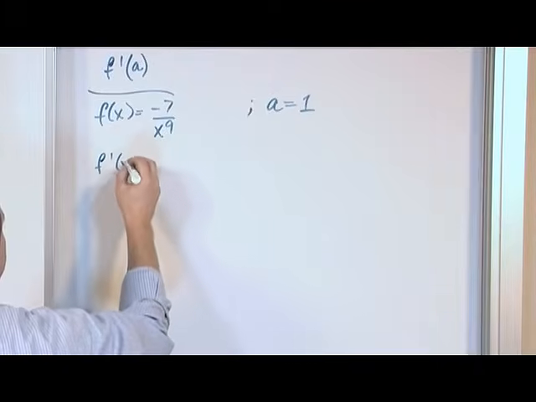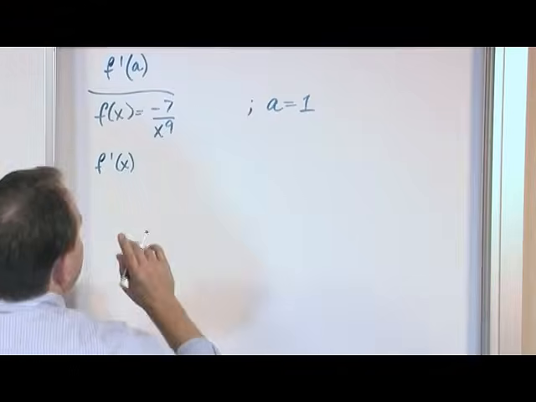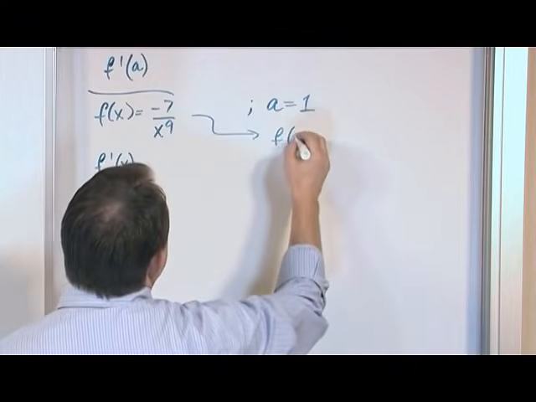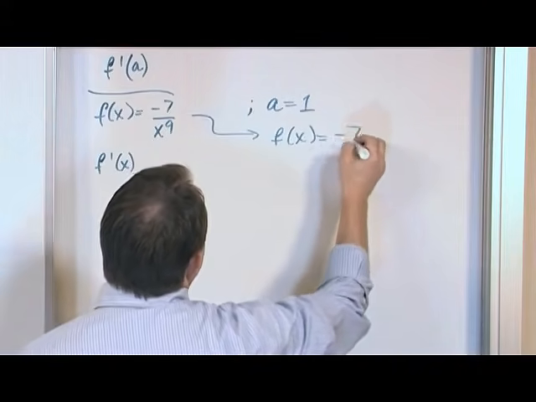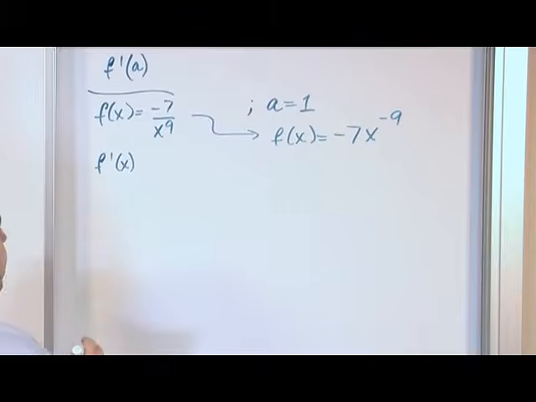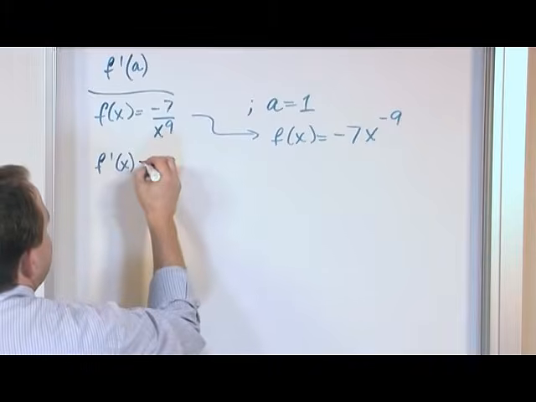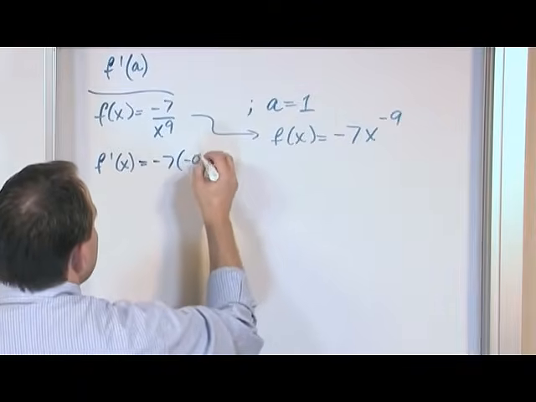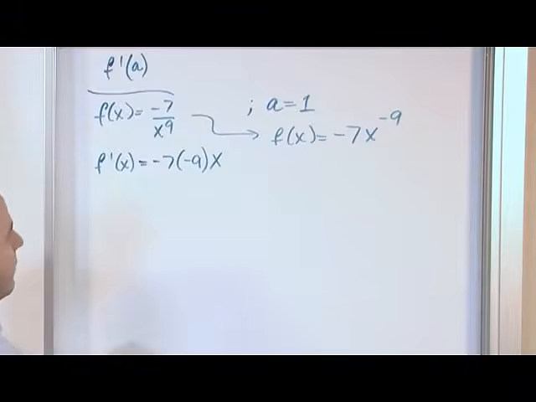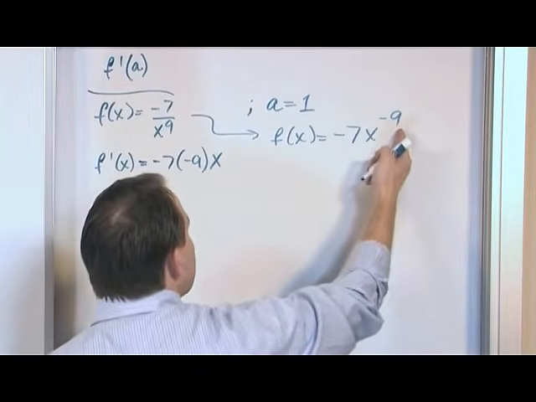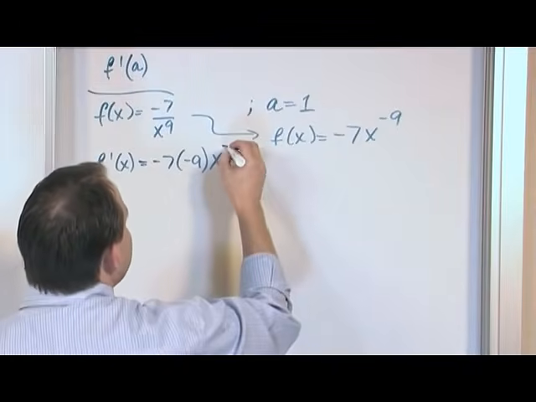First thing that's going to help us here is rewrite this guy. f of x is equal to negative 7x to the negative 9. Just move it up to the top like we've been doing. After that, it'll just be negative 7 times the exponent, which is negative 9, times my variable, and then my new exponent is negative 9 minus 1, which is negative 10.